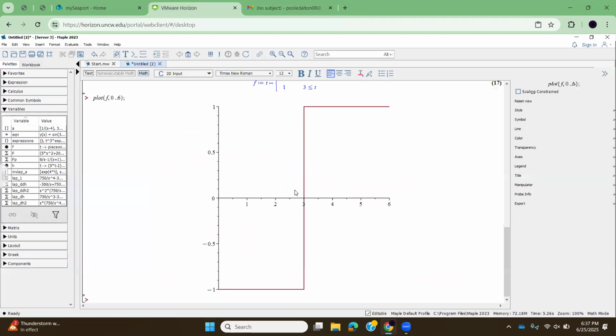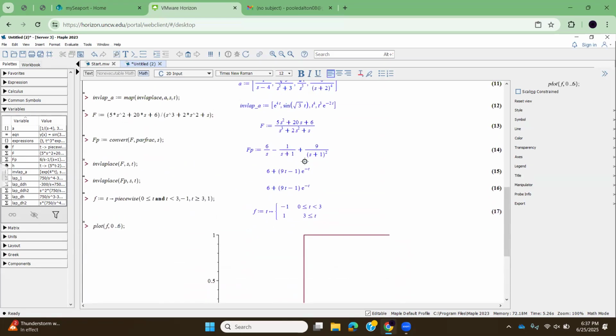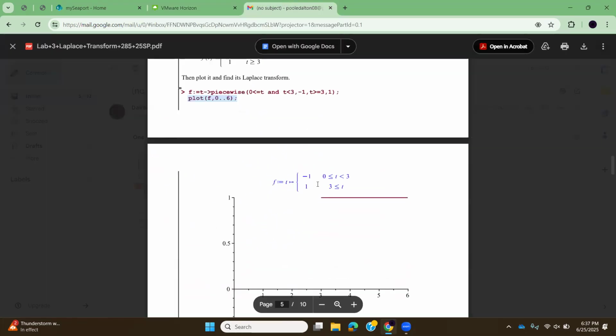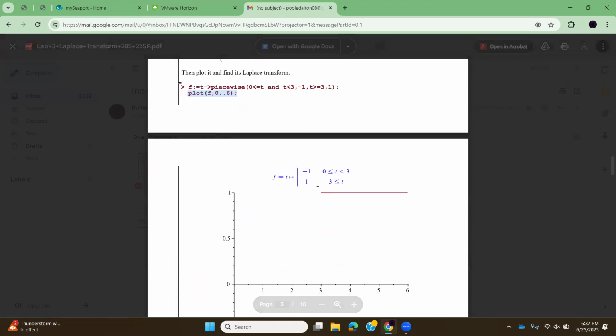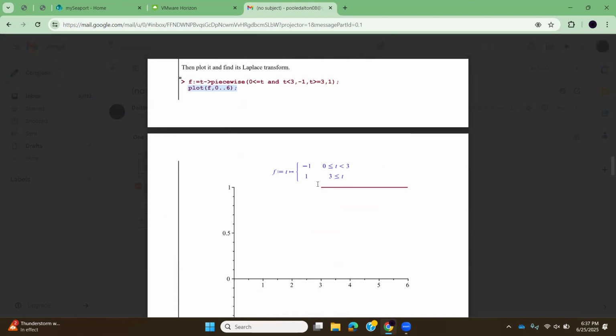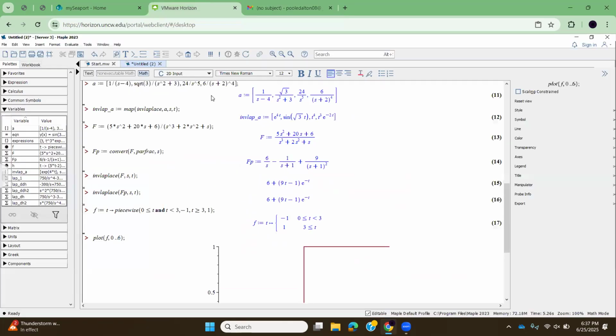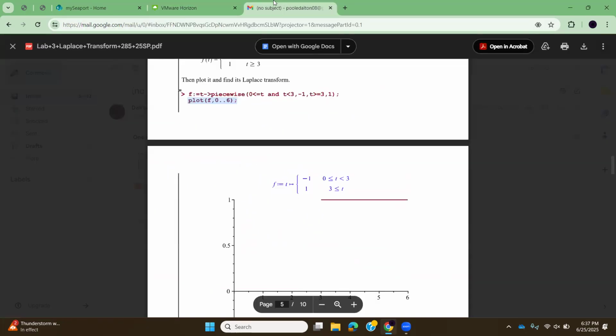I've got this bar in the middle, so I'm not sure what's up with that, because there shouldn't be. It's interesting. Does that format right? Yeah, I guess it did.